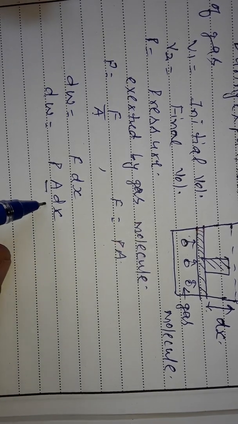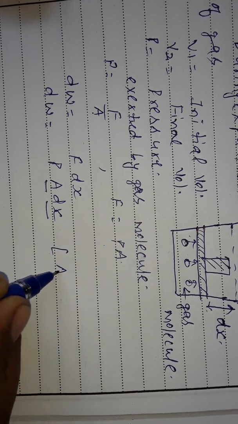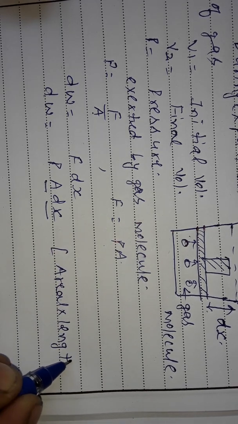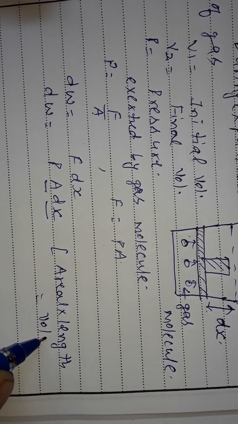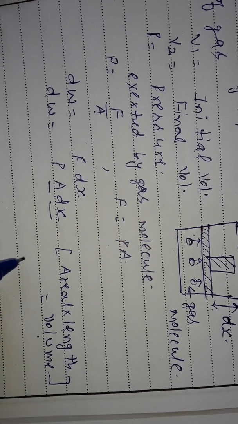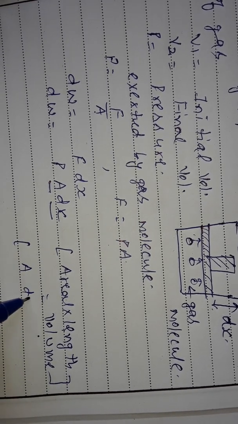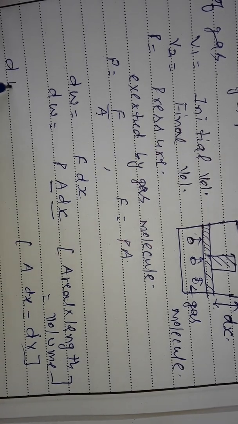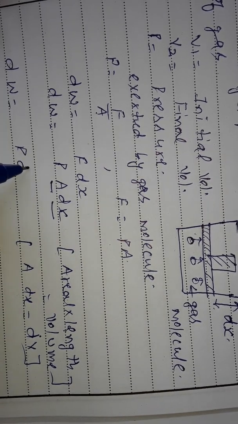Now this is area into dx. Area into length is equal to volume. If the length is small, volume will be small. So A into dx is equal to dV, and so dW is equal to P into dV.